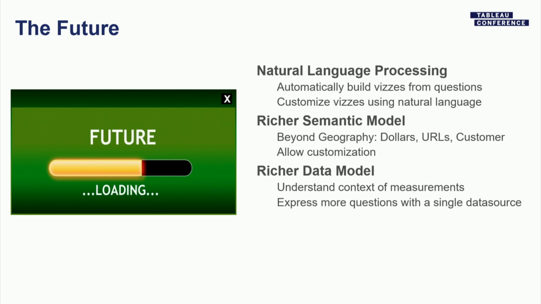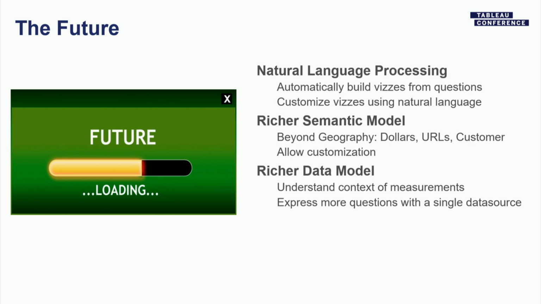Besides geography, there are things like dollars and customers, and really the ability to customize that semantic model to your own data. The characteristics of a customer in your company may not be the same as in another company, so that customization will be really critical.